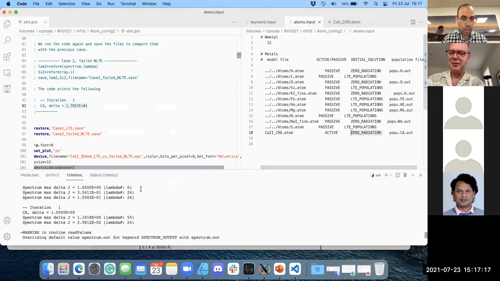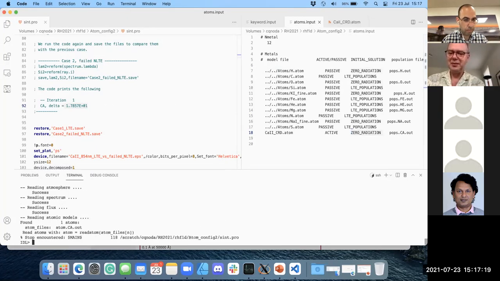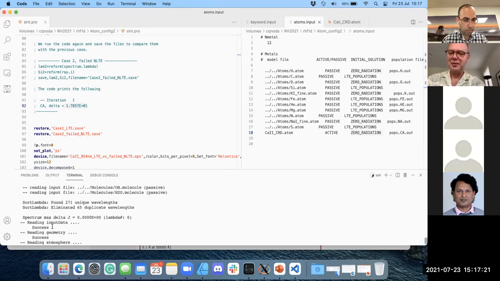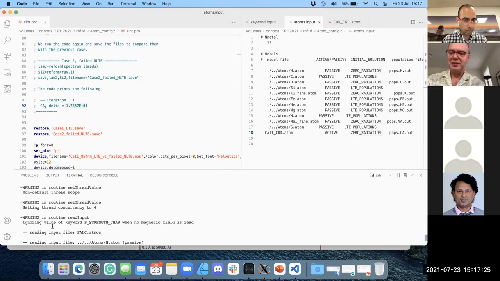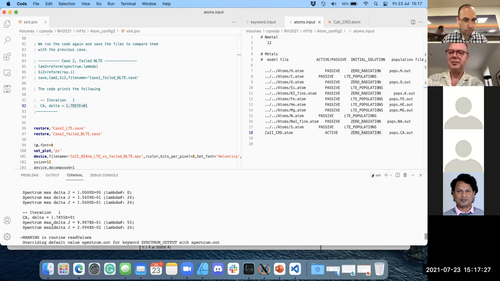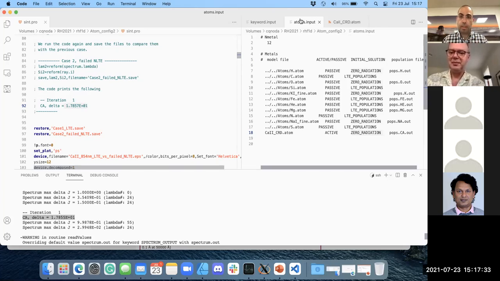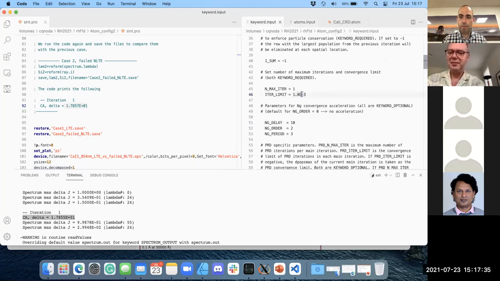I think I had this. Okay, because this is what I copied here. So this value is very far from the traditional iteration limits that we put when solving the non-LTE problem.